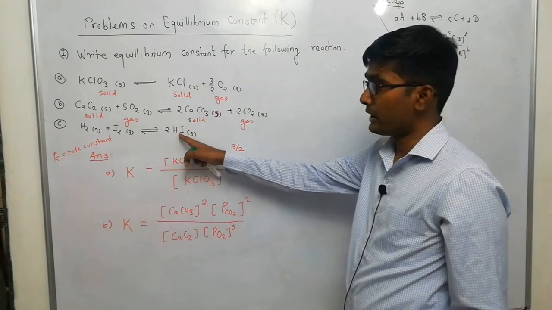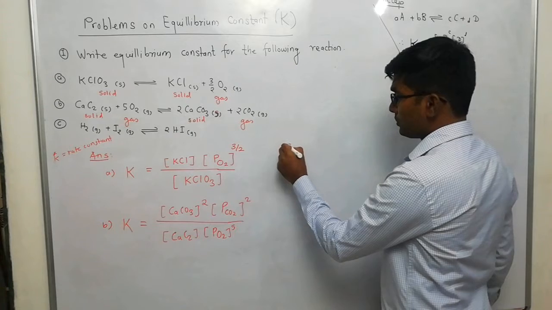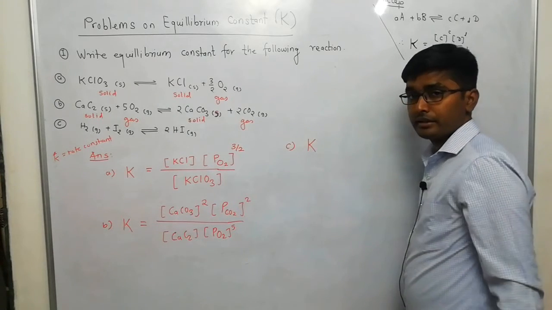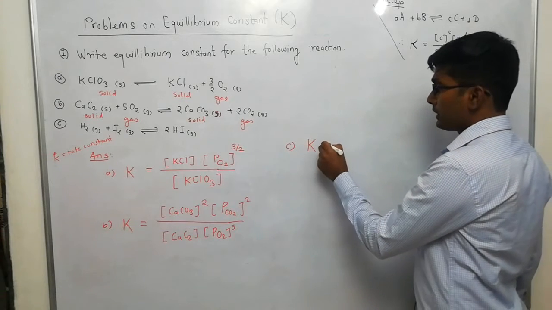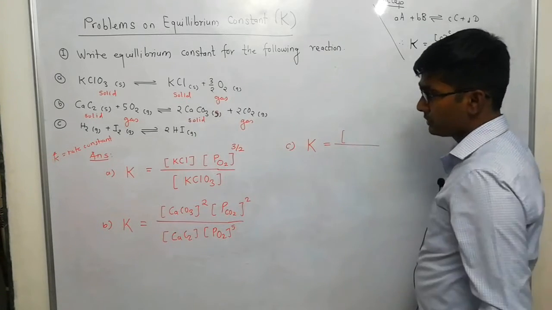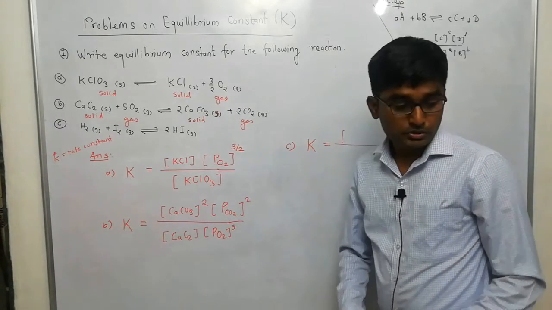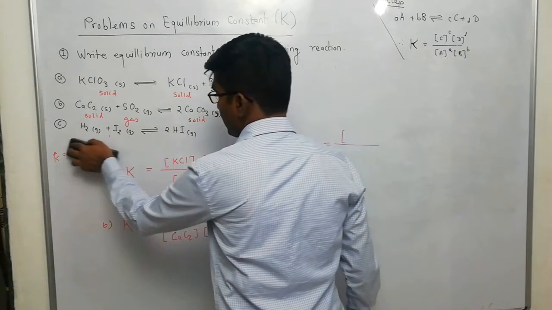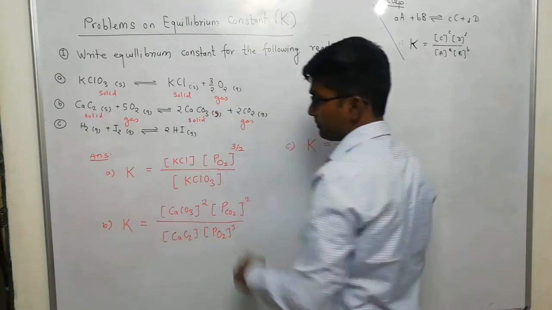Now third, the formation of hydroiodic acid. So for C, the equilibrium constant capital K is equal to the concentration of product divided by the concentration of reactant. Here you observe that all the reactants and products are in a gaseous state.